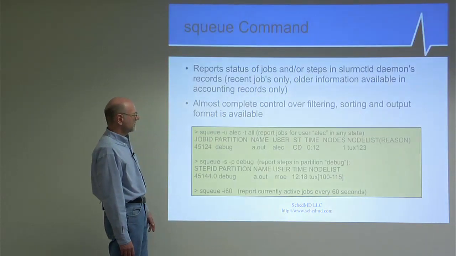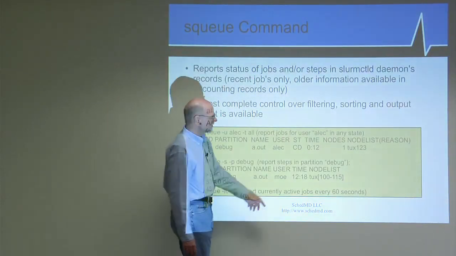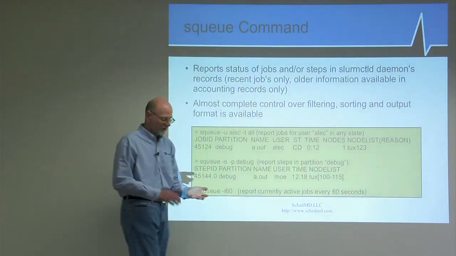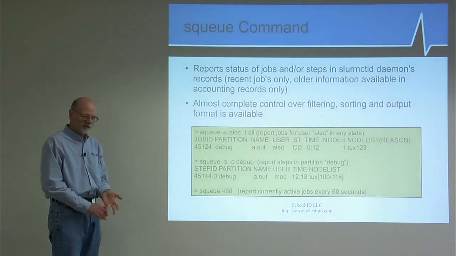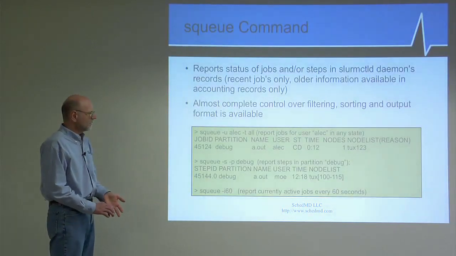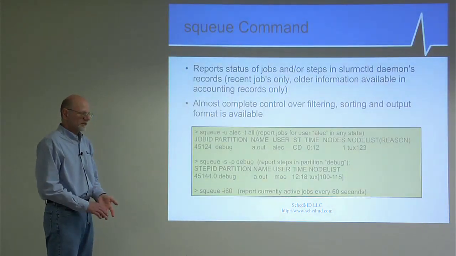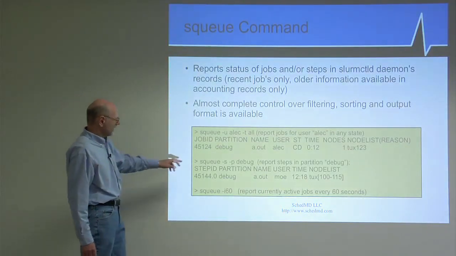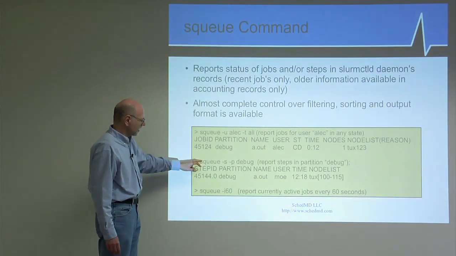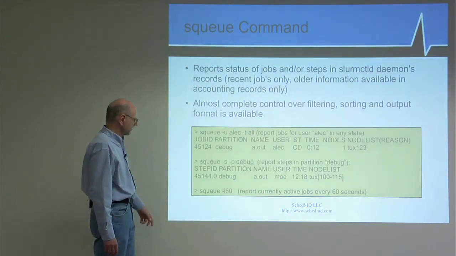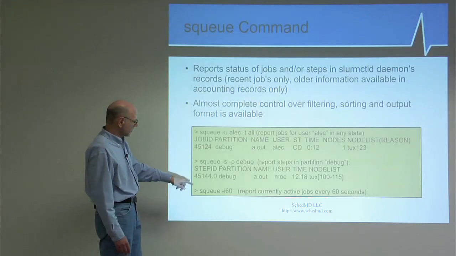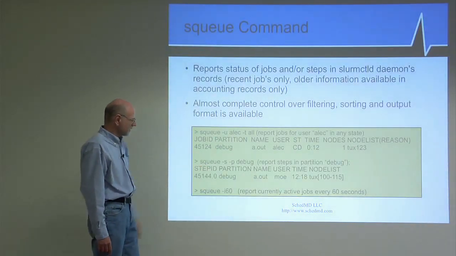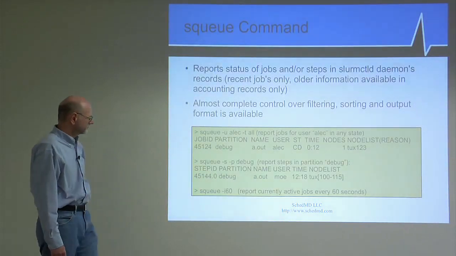If the job is pending, rather than having information about which nodes it's been allocated, it gives you a reason why it's waiting, whether it's waiting for resources, waiting for a dependency to be satisfied, or because there are higher priority jobs waiting or whatever. squeue also reports information about your job steps with the -s option, and I already mentioned how a job step format would be a job ID, period, and then a step ID value.